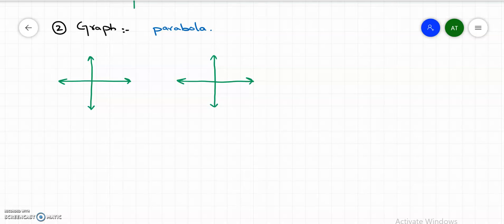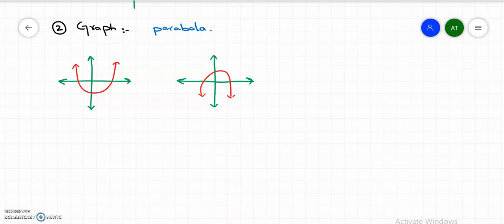If I have a graph like this, it is a parabola and its opening is upward. If I have a graph like this, it is again a parabola and its opening is downward. So both graphs represent quadratic relations.